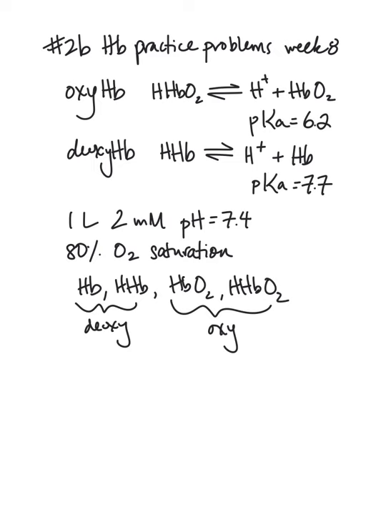So to figure out how much of each you have, you do Henderson-Hasselbalch for this pair, and then you have to do another Henderson-Hasselbalch for this pair, because the pKa will be different. For the deoxy pair, the pKa that you're going to be looking at is 7.7. And for the oxy pair, the pKa that you're going to be using is 6.2.